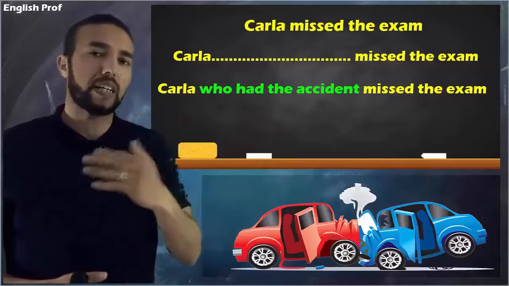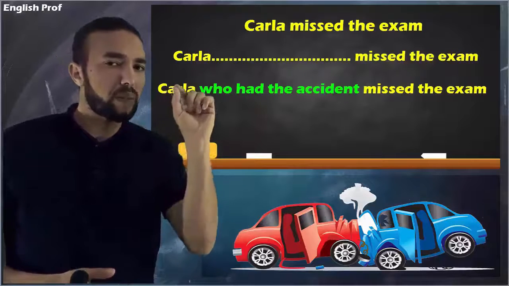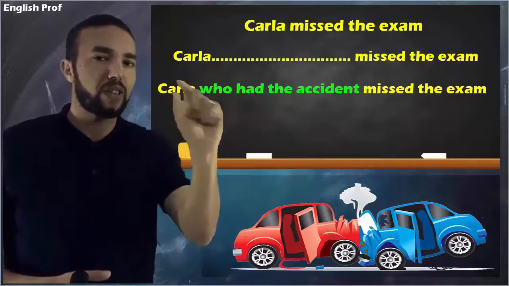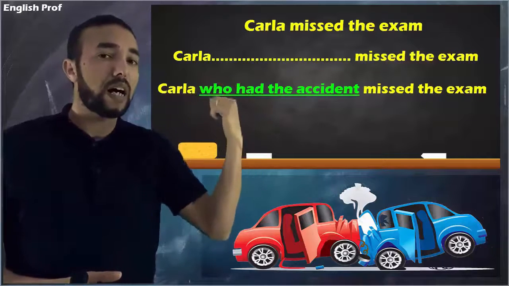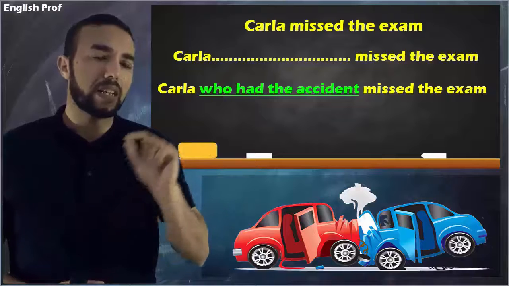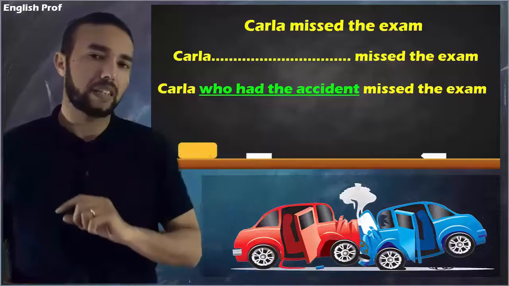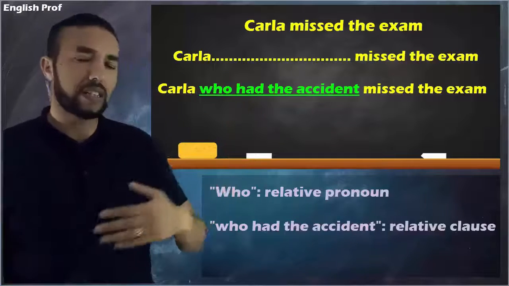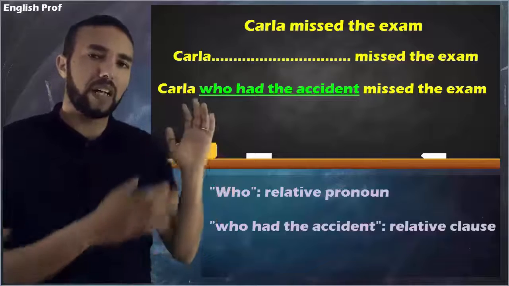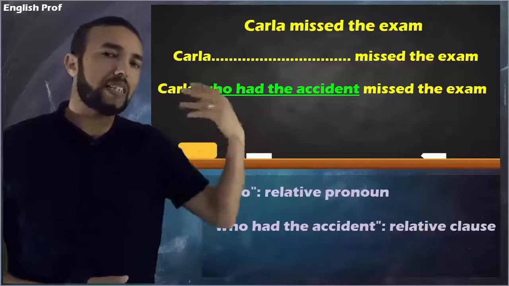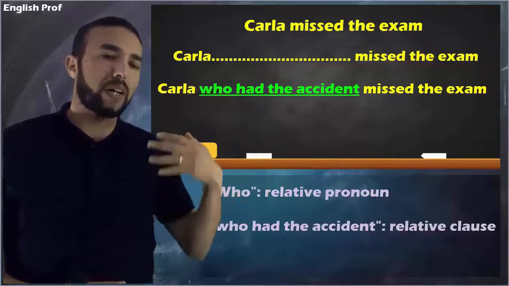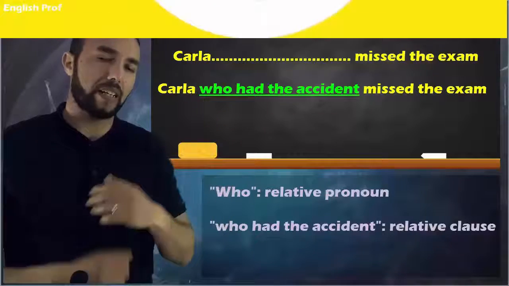It's not any Carla. Here we are talking about a specific person. So who is the relative pronoun and who had the accident is a relative clause that gives us information about the noun Carla.